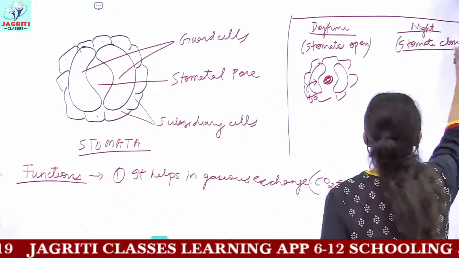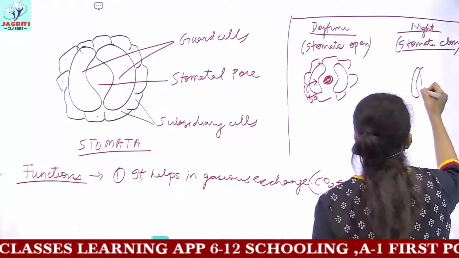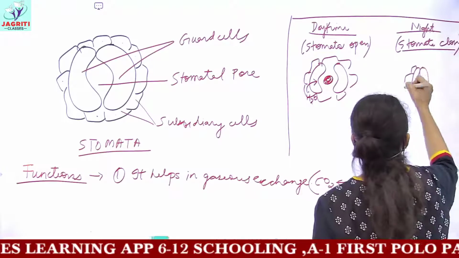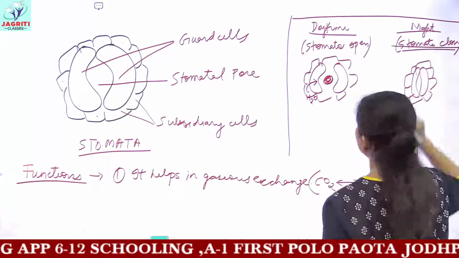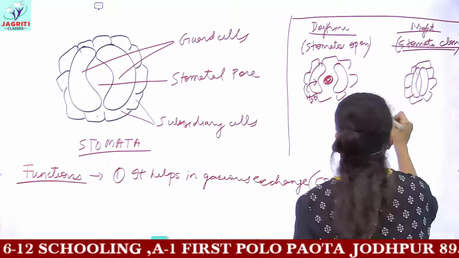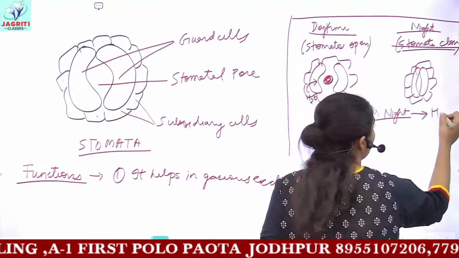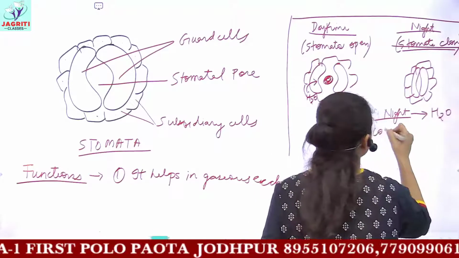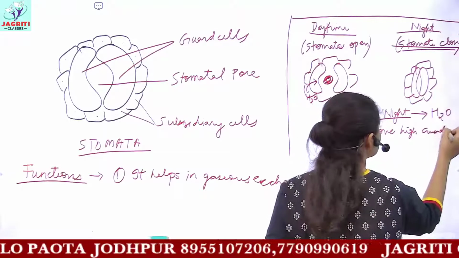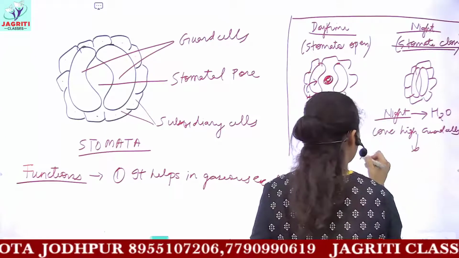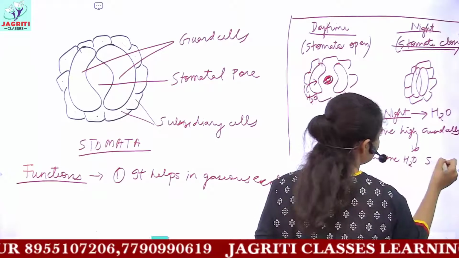So, the diagram representing closed stomata would be, these are your shrunken guard cells and these are your subsidiary cells. So, when does the stomata close? During night. You can write this in a flow chart. During night, water concentration is high in your guard cells and you have low concentration of water in subsidiary cells.